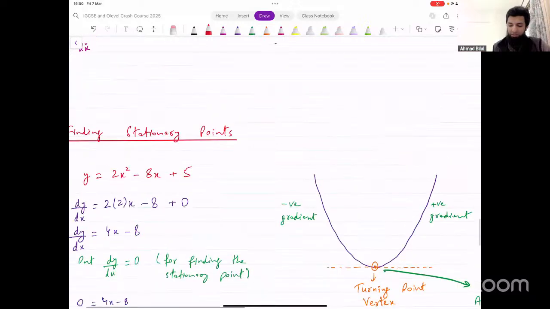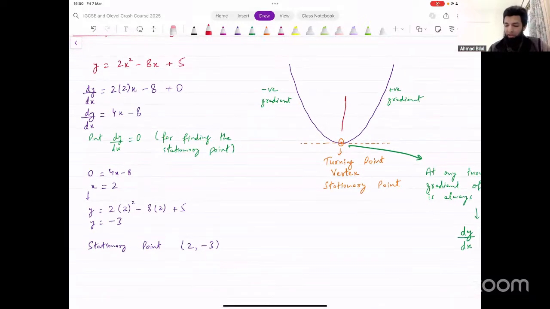For instance, in the previous example, this point here was a minimum point because it was a U-shaped curve. It was a minimum point. If it was a curve like this, then this stationary point would be a maximum point.